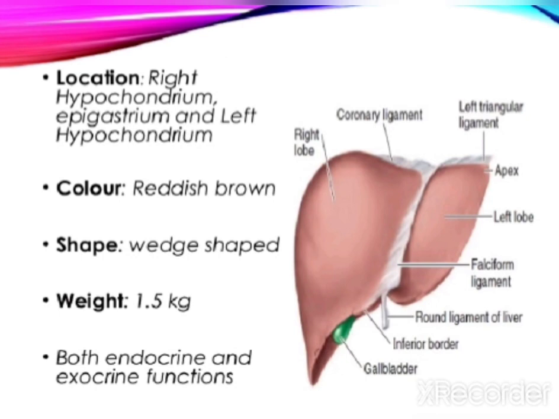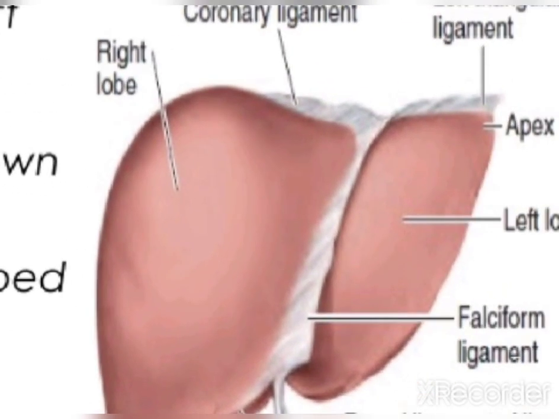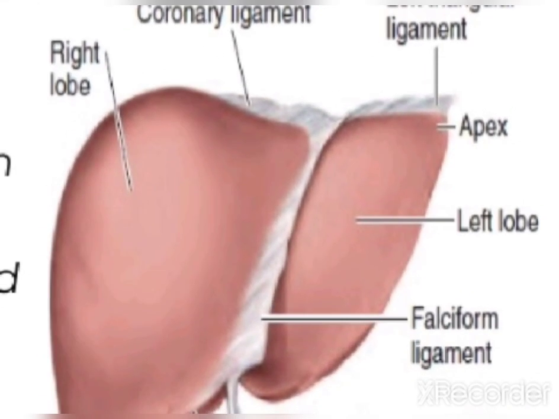And as you can see in the picture, the various ligaments and lobes are shown. The left lobe is the smaller lobe and the right lobe is the larger one.